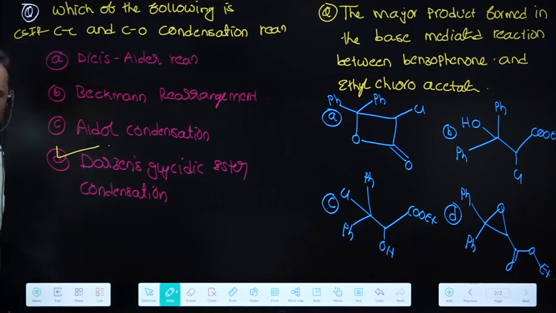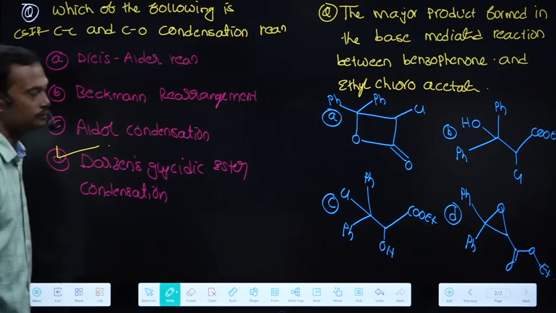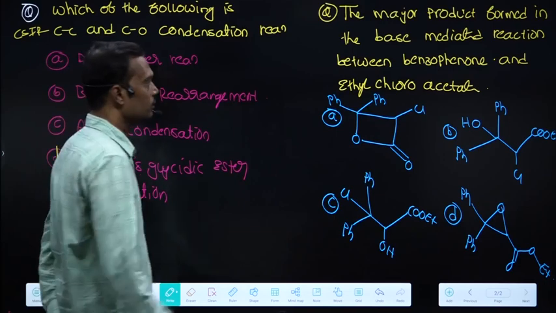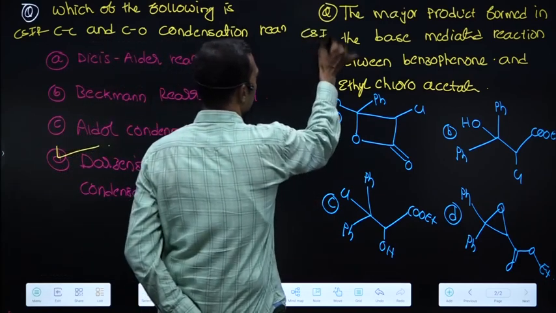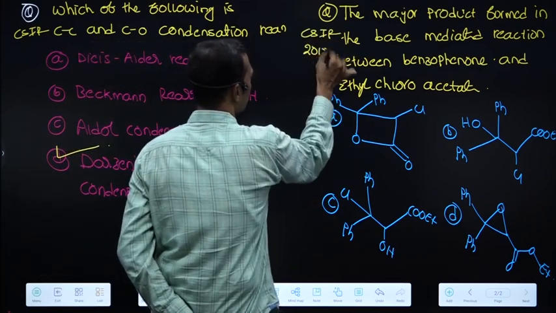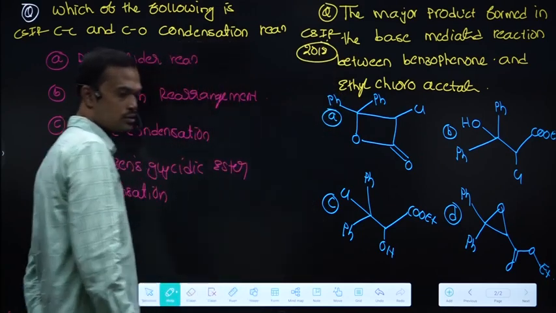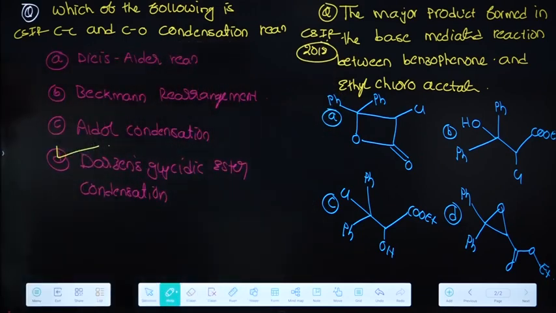Very easy. Right now you are on track, that's why you can predict the answer very easily. This is a 2018 CSIR question for 2 marks. The base catalyzed reaction.